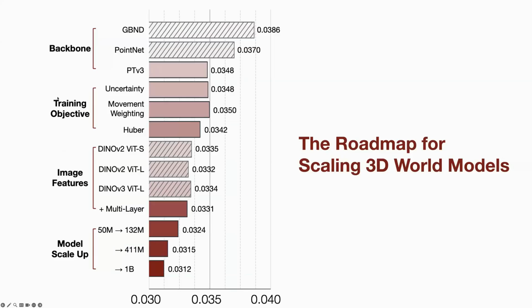We tried DINOv2 with different model sizes, and DINOv3. And then what we found is that if we add in multiple layers from DINOv3 ViT-L, then that contributes the most. And of course, it's also very important to scale up the model size to really ingest all this data that we have.